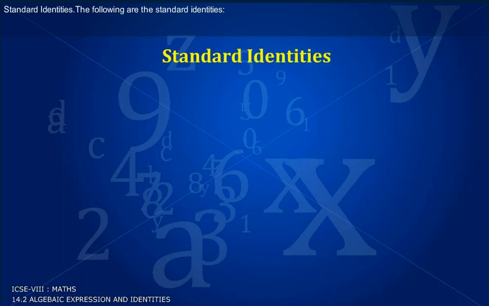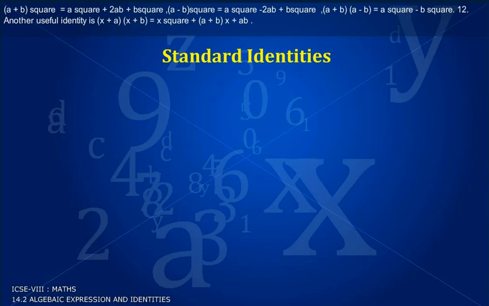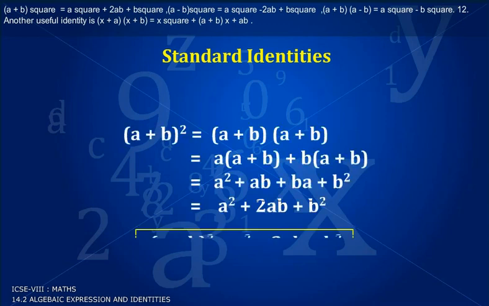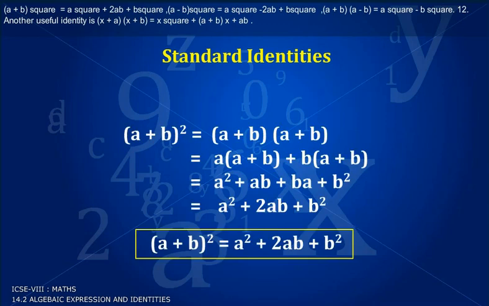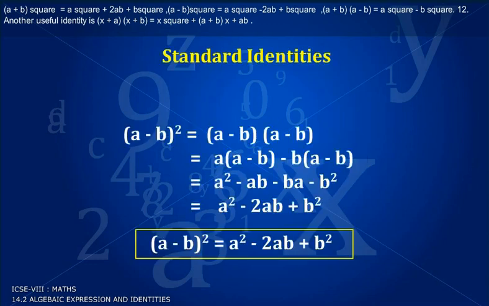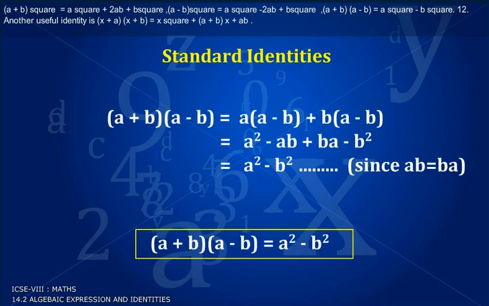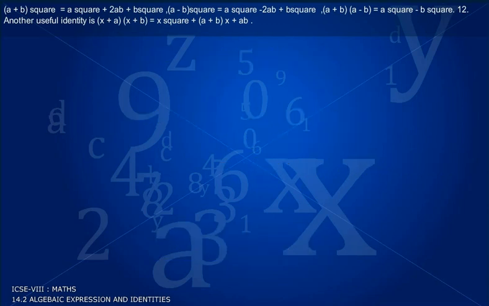Standard identities. The following are the standard identities. (a plus b) whole square is equal to a square plus 2ab plus b square. (a minus b) whole square is equal to a square minus 2ab plus b square. (a plus b) into (a minus b) is equal to a square minus b square.